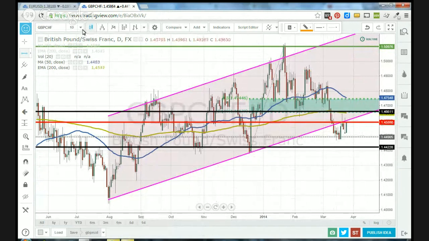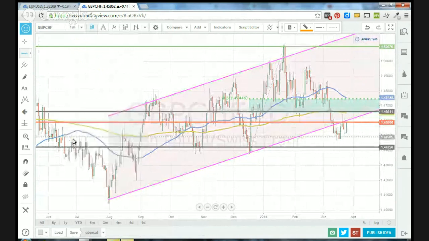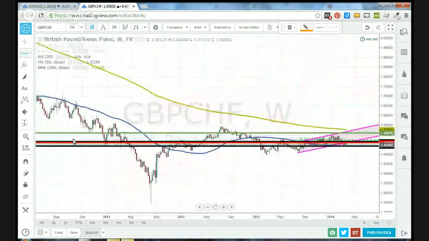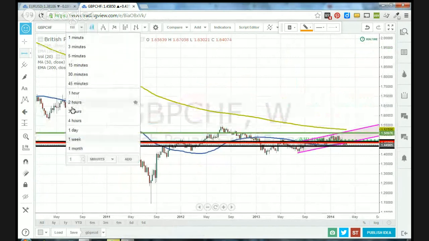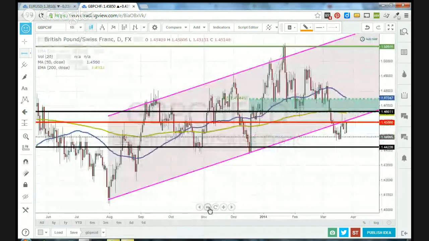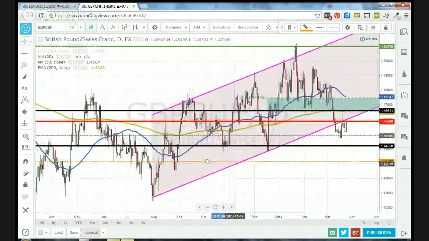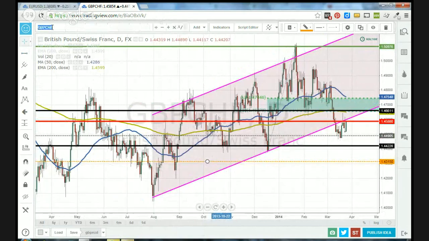Let me see what it looks like on the weekly chart. Yeah, it's still pretty choppy. We'll zoom out a little bit. The trend isn't as clear as I'd like. Okay, so I'll skip on pound Swiss.